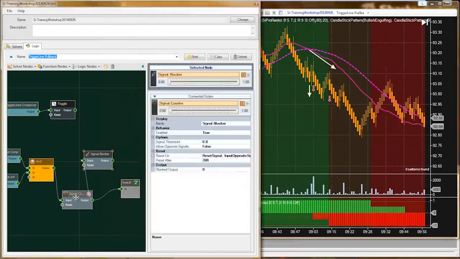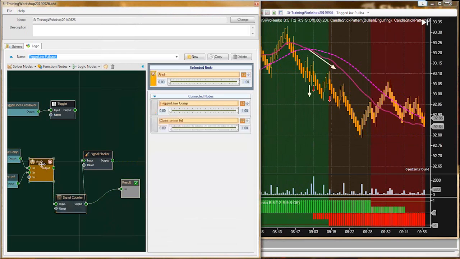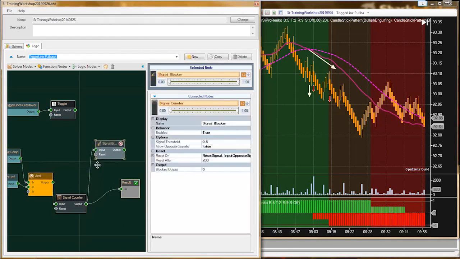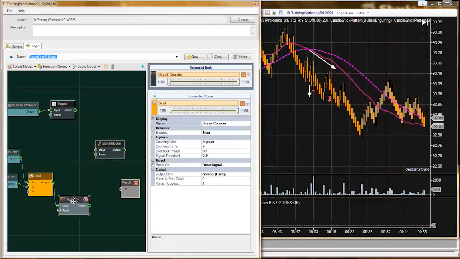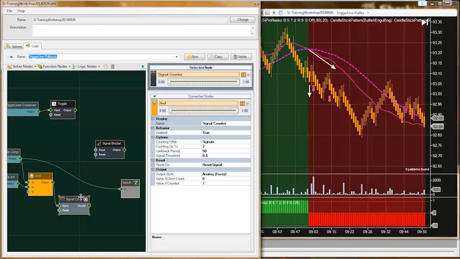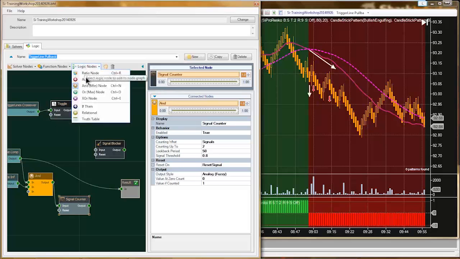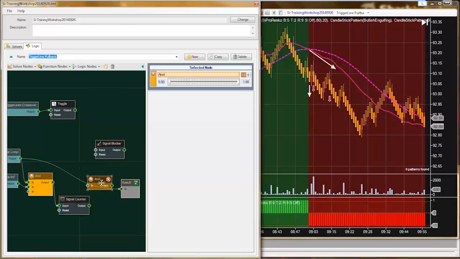Oh, yes, of course. We need to clean up the signal counter a little bit here. So I'm going to use an AND node to clean up the signal counter.